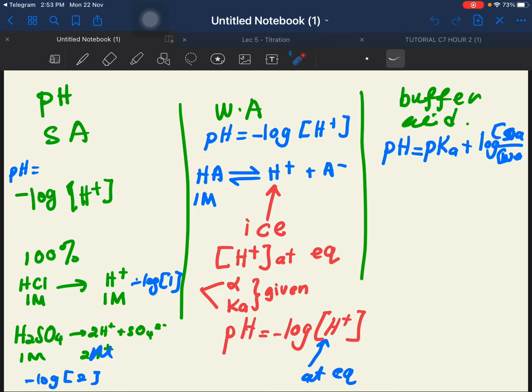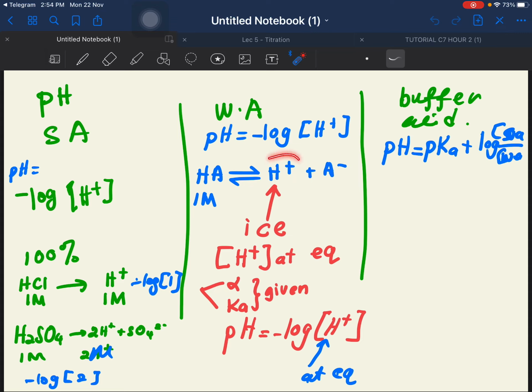That means if you have 1 molar of weak acid, it is not necessarily going to produce 1 molar of H+. That means the amount of H+ will be less than the initial concentration of the acid. It is due to the alpha or percentage of ionization of weak acid being very low.